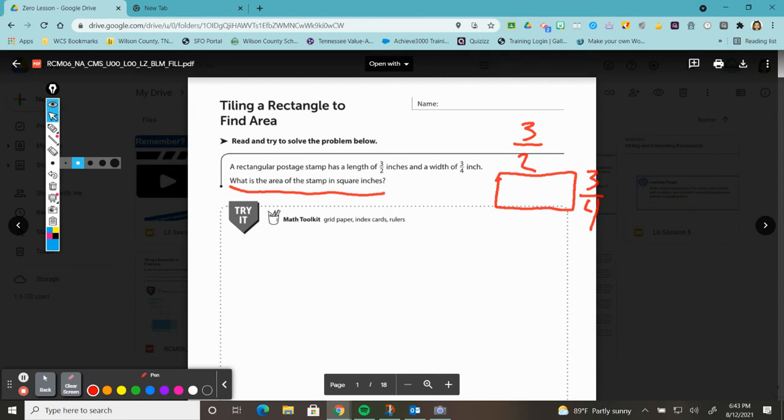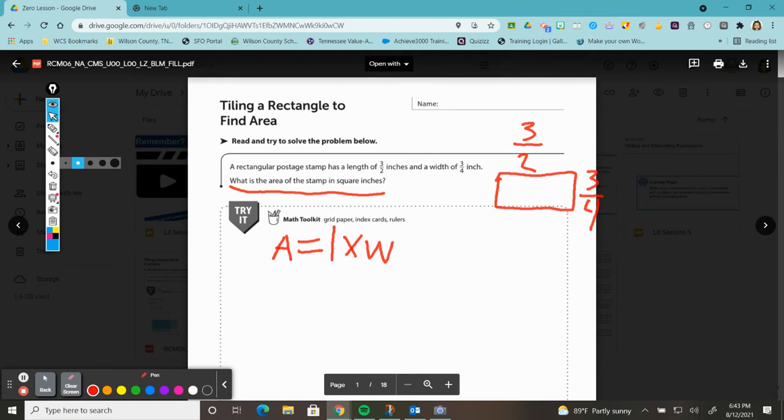There are different strategies that you can use to find the area of the stamp. You can use an equation. An equation would be our area formula. The area formula says that for a rectangle, you can multiply the length times the width to find the area.